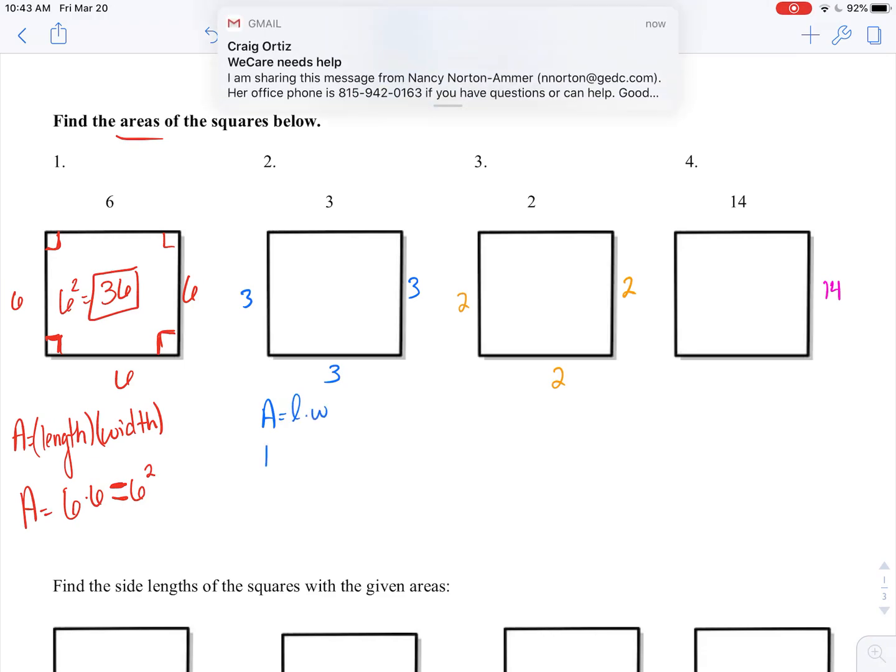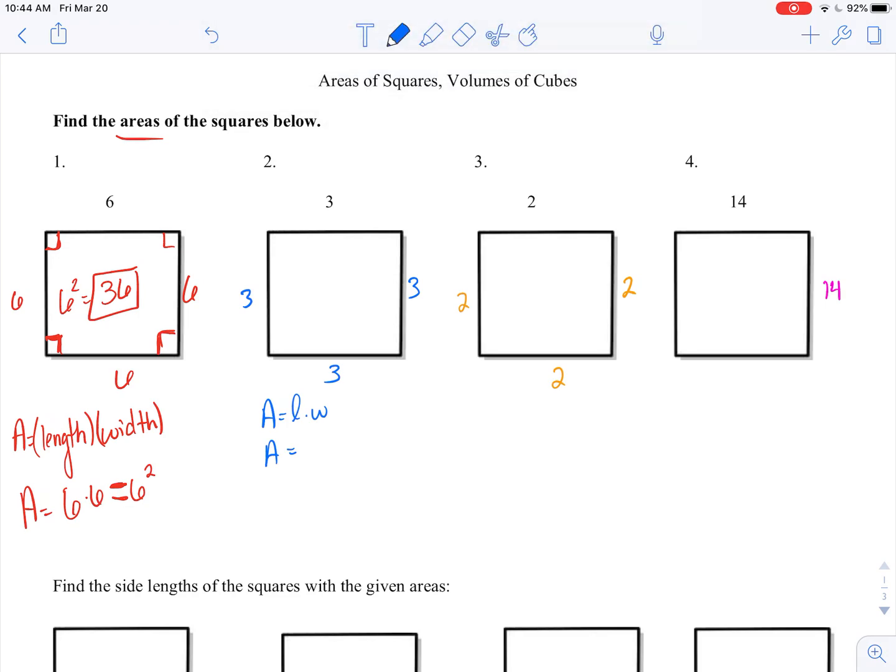All right, now let's try this next one here. So area is still length times width, which is 3 times 3. Because again, remember our square means that the side lengths must be exactly the same, or 3 squared.